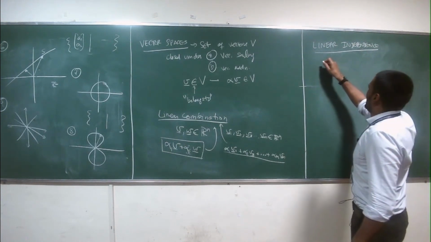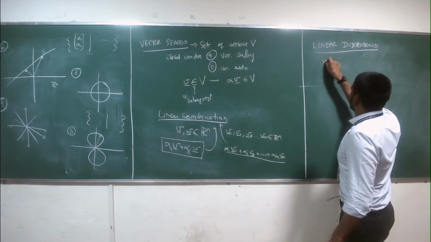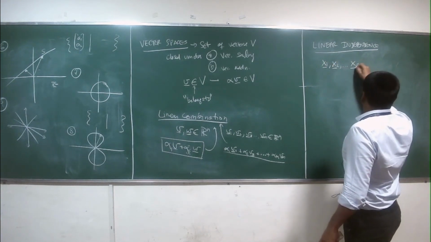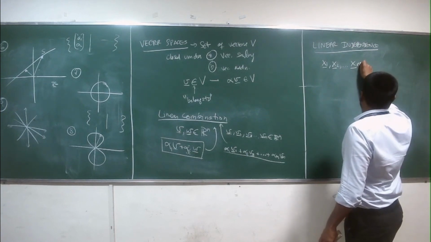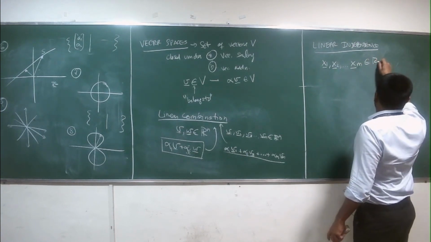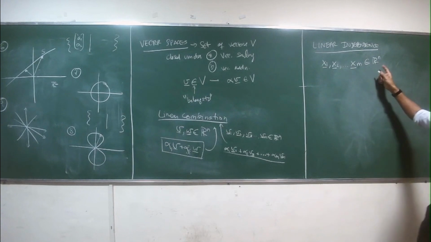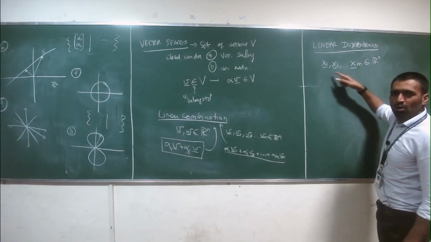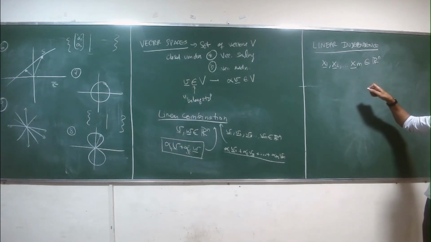Let's say we have a set of vectors x1, x2, up to xm, all of which come from Rn. Rn is the vector space that we are dealing with. Now, let's say we take the linear combination of these vectors. What does it mean?